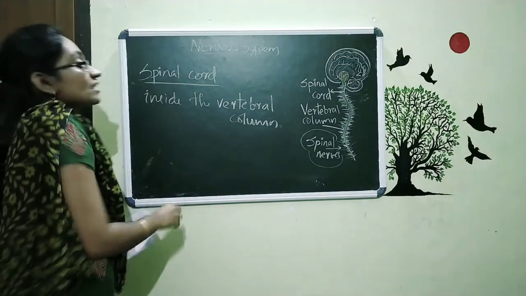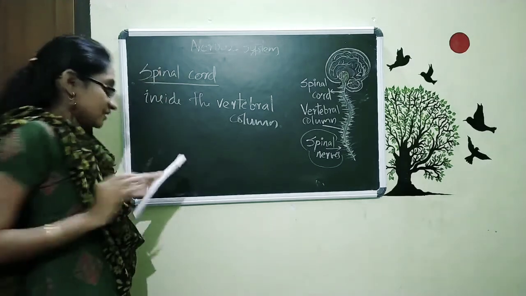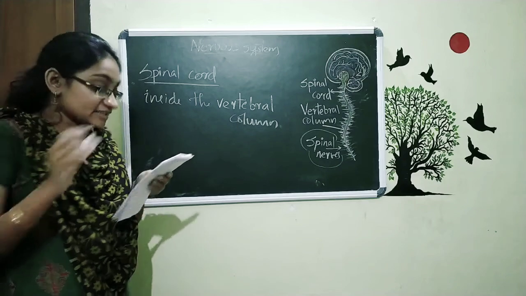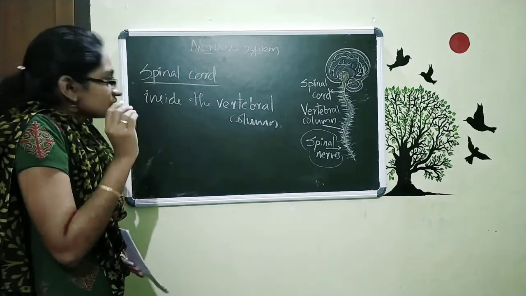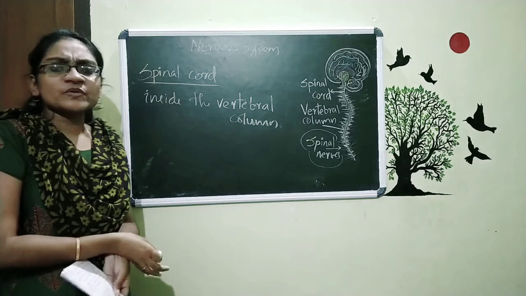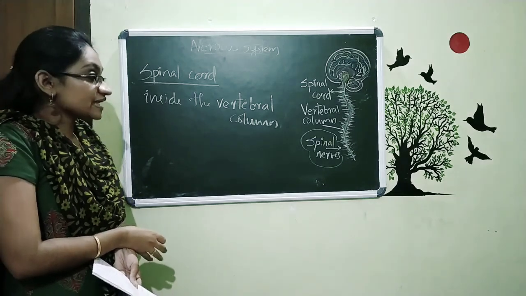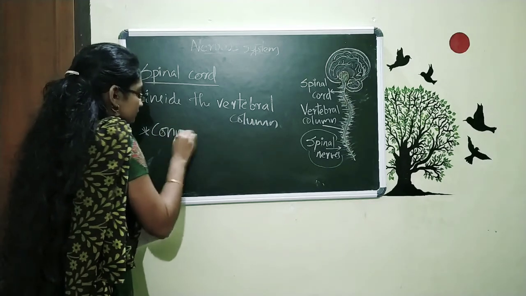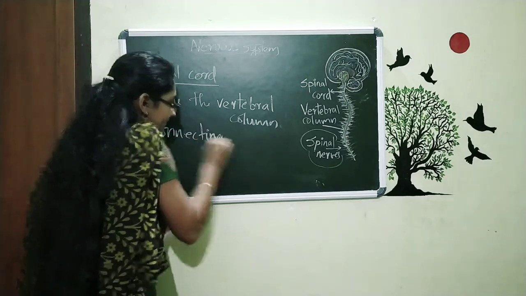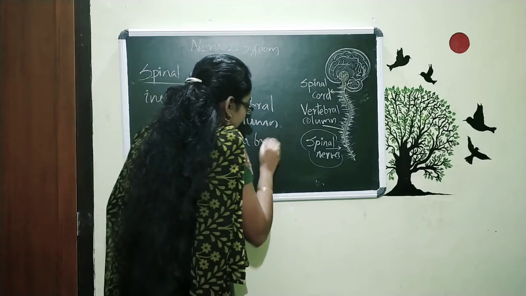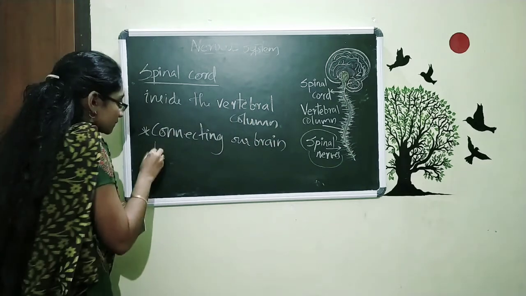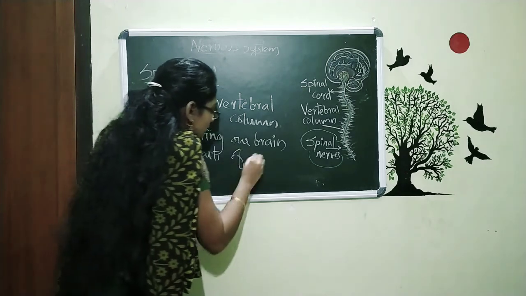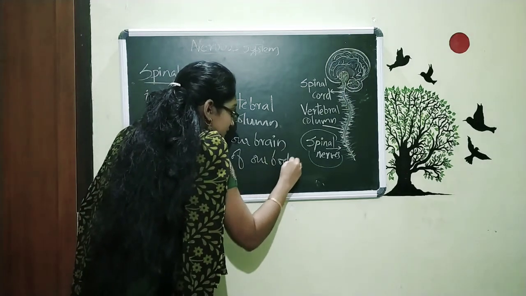In this area you want to focus on what the spinal cord is. It is a thick bundle of nerves that connects the brain with all parts. What is the spinal cord doing? It is connecting our brain to all parts of our body.